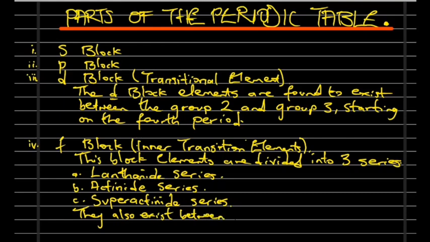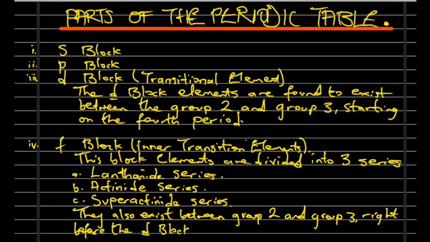Between group 2 and 3, right before the D block elements, but starting on period 6. So these are the parts of the periodic table that we have.